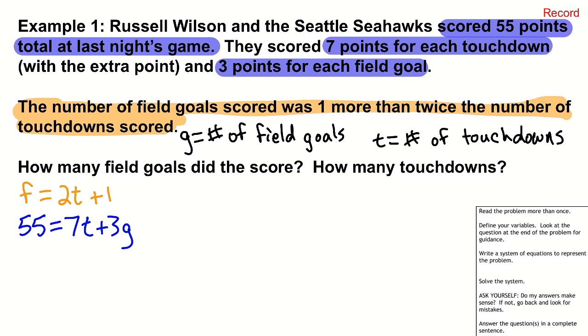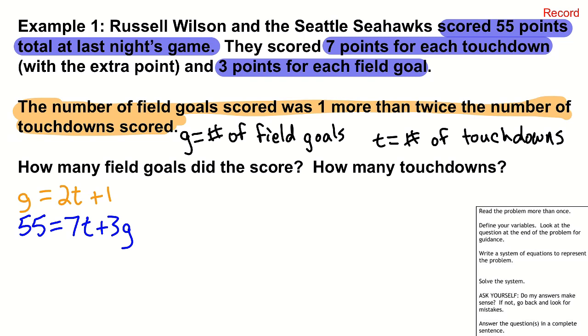The next step is to solve the system. So, oh, did I have F? I should have had G for field goals right here. Sorry about that. G. And now I notice that my G here is isolated. I love it when I have a variable isolated. That tells me that I can use substitution.